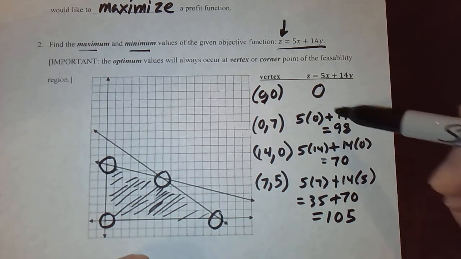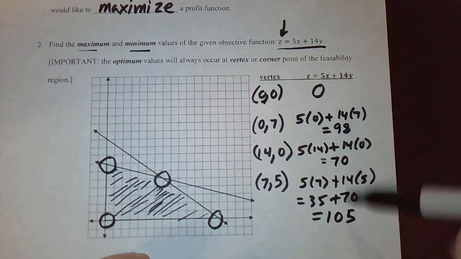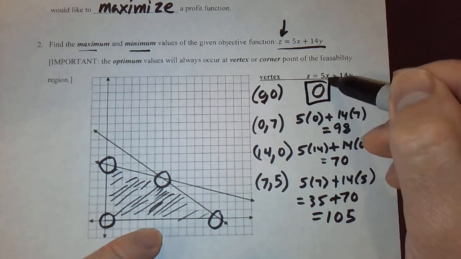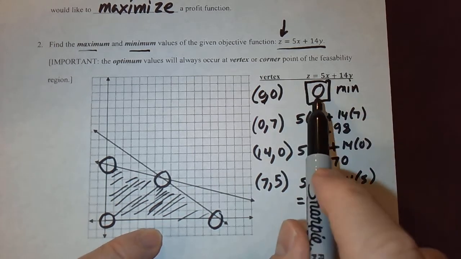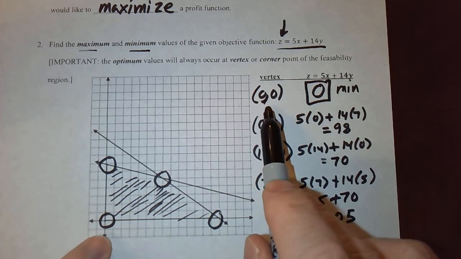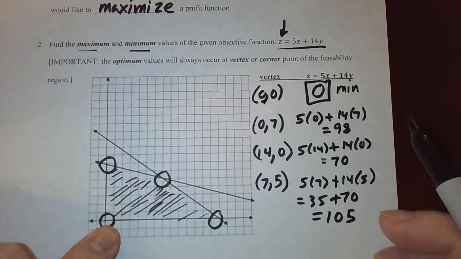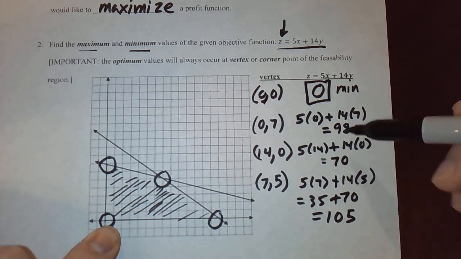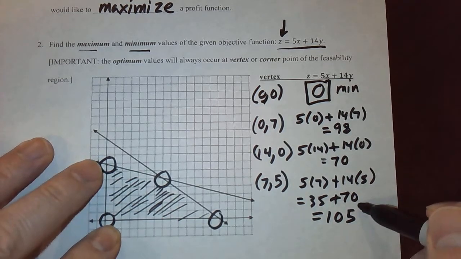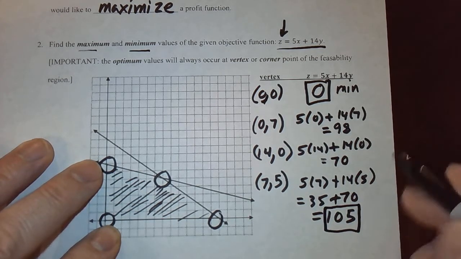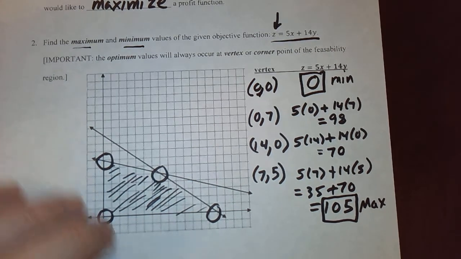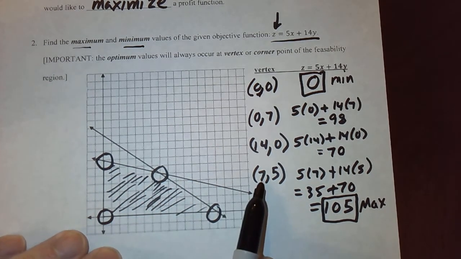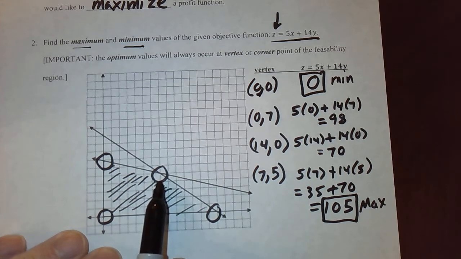So we look at all four of the values and find the minimum. Well, that's easy. Here's the minimum value. The minimum value of z is 0, and it occurs at this vertex point, the origin, 0, 0. 98, 70, 105 is the maximum possible value for z, and it occurs when x is 7 and y is 5 at this point right here.